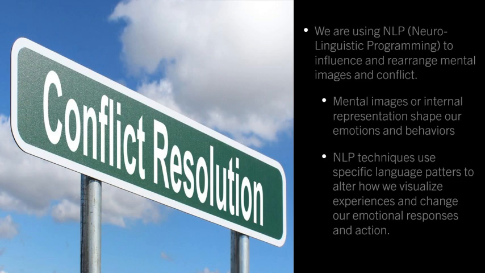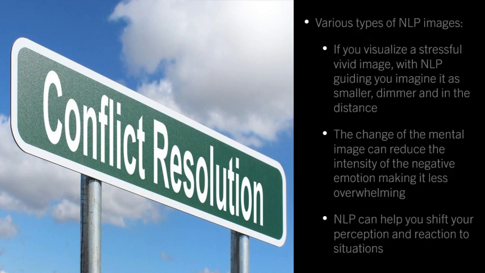Just as an example, if someone visualizes a stressful situation and in their mind, when they really begin to look at that situation, it's a vivid image, NLP might guide them to imagine it as smaller, maybe take some of the color out of it, some of the light, and even move it away so it's not as close, depending on how the person describes that image. Now, by changing that mental image, it can reduce the intensity of the negative emotion that comes along with it.